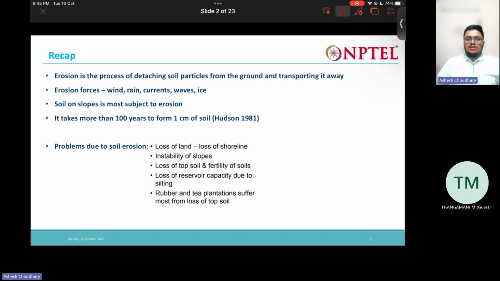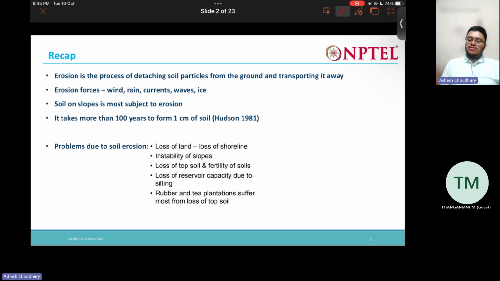It erodes them and carries them. When it comes to the plain region, the velocity of the river reduces, and all the silt settles down. This reduces the capacity of the reservoirs. Say if you constructed a dam, it's going to reduce its holding capacity. This is also a big problem.